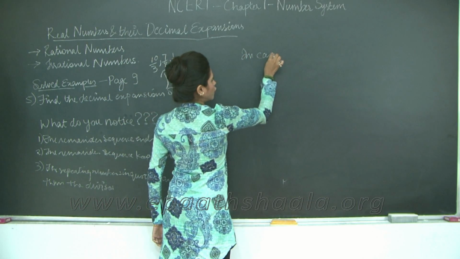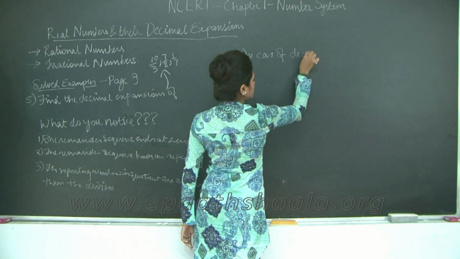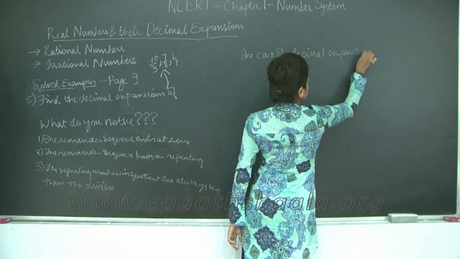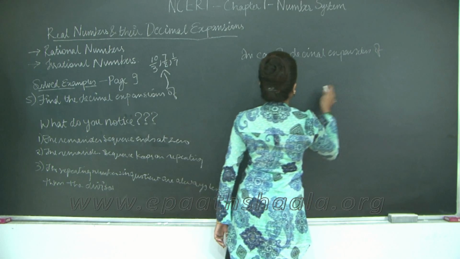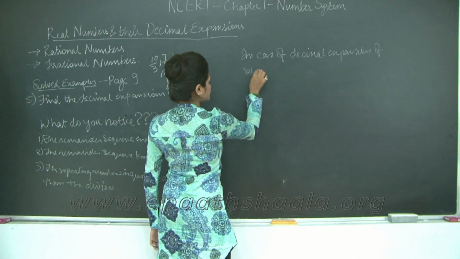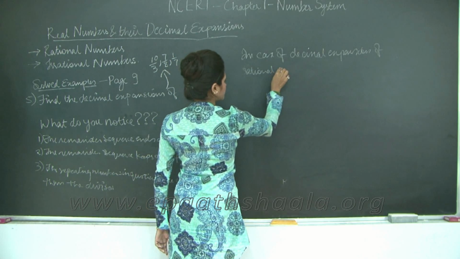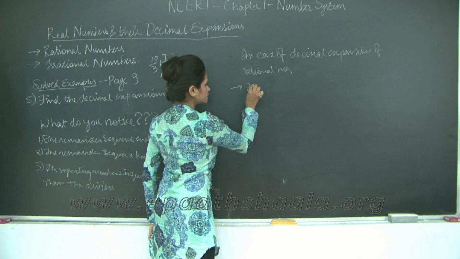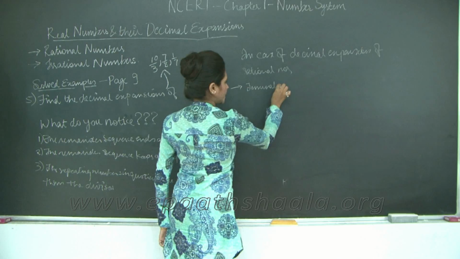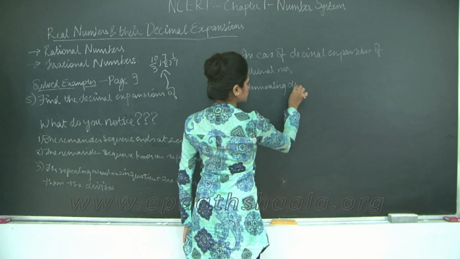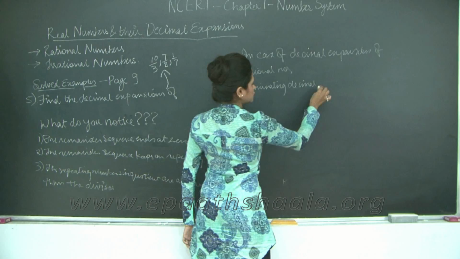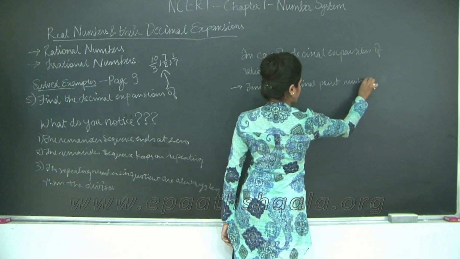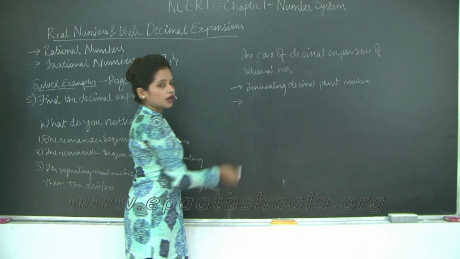In case of decimal expansions of rational numbers, we have terminating decimal point numbers, or what?